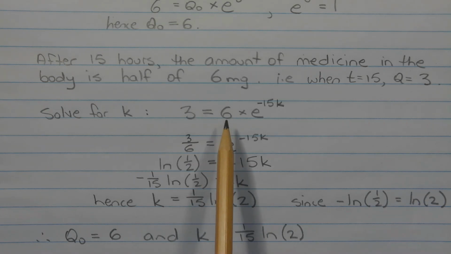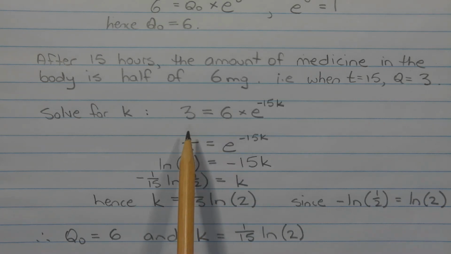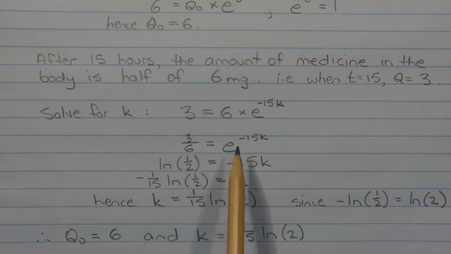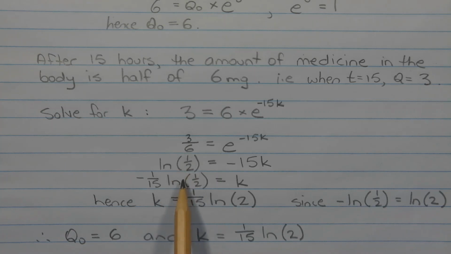Dividing both sides of the equation by 6, we get 3 over 6 is equal to e to the power of negative 15k. Taking the natural logarithm of both sides, we get ln of 1 over 2 is equal to negative 15k. Dividing both sides by negative 15 to make k the subject, we get negative 1 over 15 times ln of 1 over 2 is equal to k.